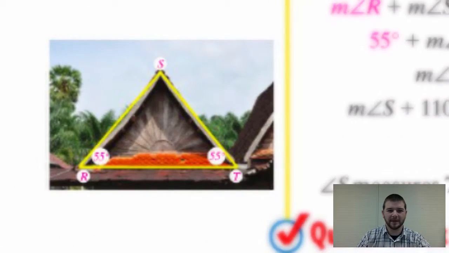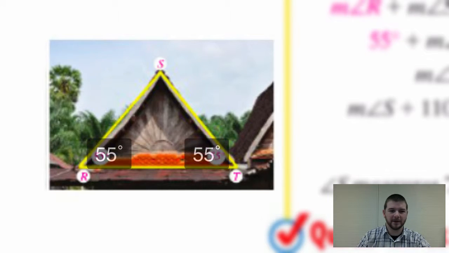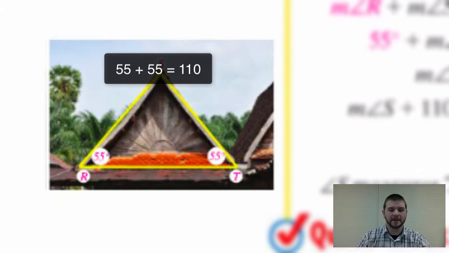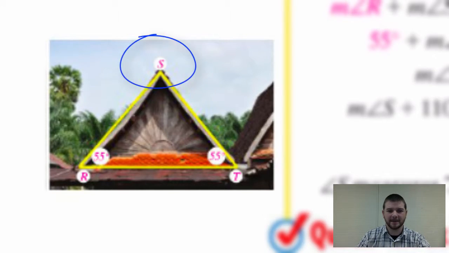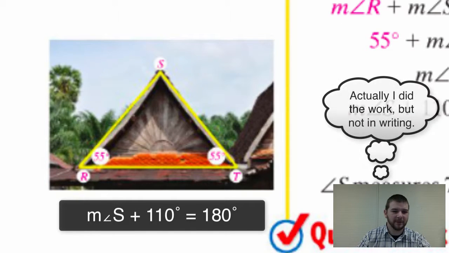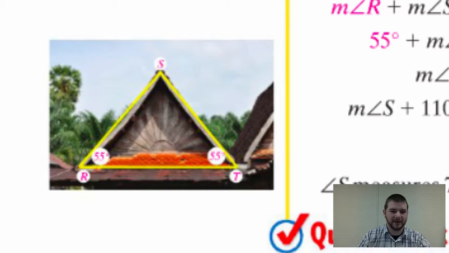Looking more closely at the figure, we see that both of the base angles, so angles R and T, are 55 degrees. 55 plus 55 equals 110. So whatever our angle S measures plus 110 degrees must equal 180 degrees. Without even doing the arithmetic or algebra, I know that that answer is 70 degrees.